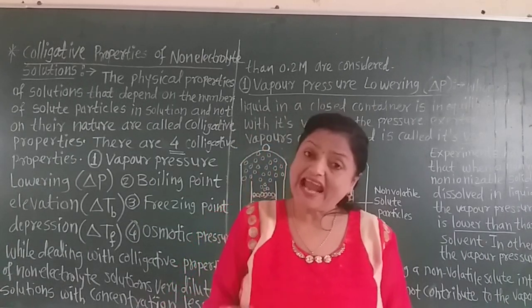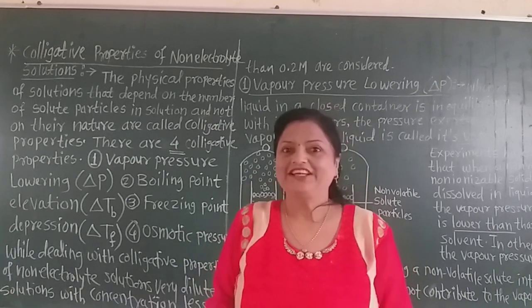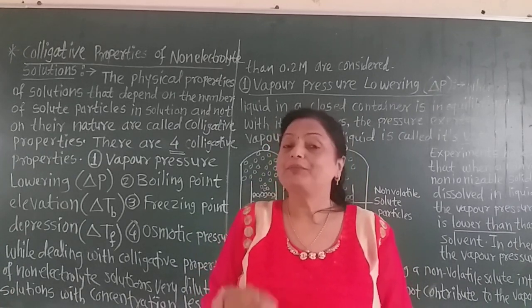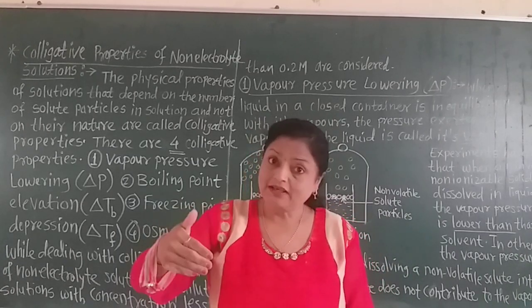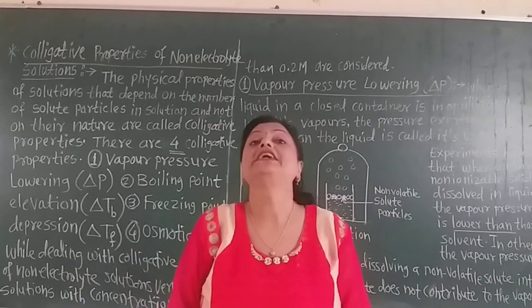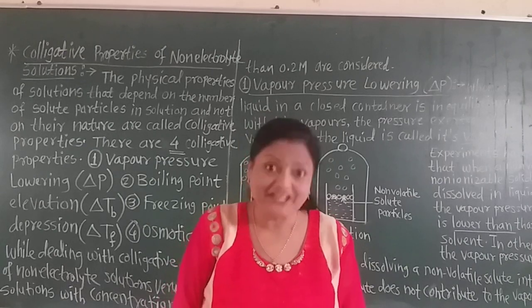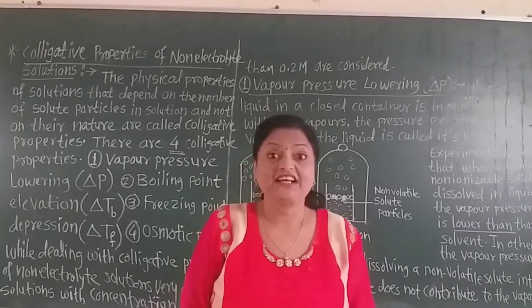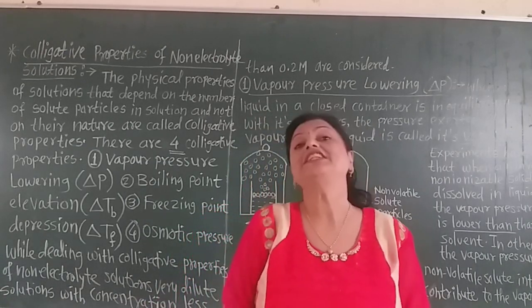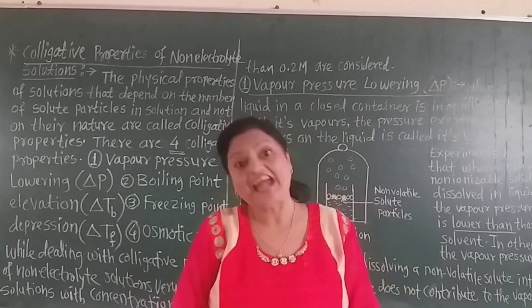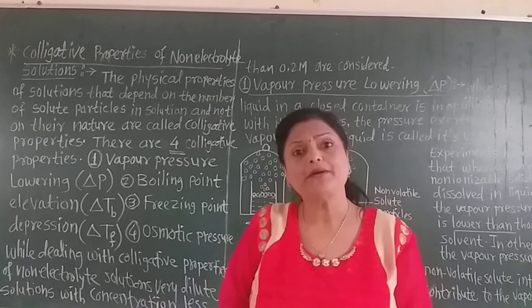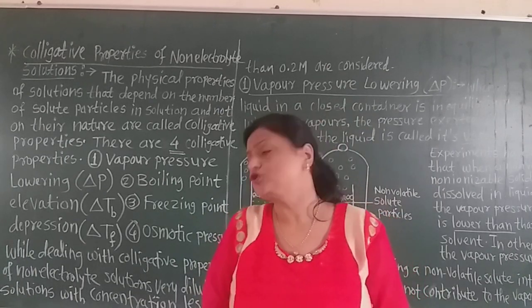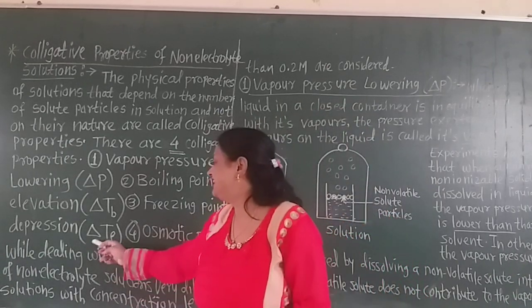But if we add some sugar into it, the freezing point decreases, going below 0 degrees centigrade, such as -10, -20, -30. That means there is a depression in the freezing point when we add the solute into the solvent. The difference between the freezing point of the solvent and the solution is given by delta Tf, the freezing point depression.